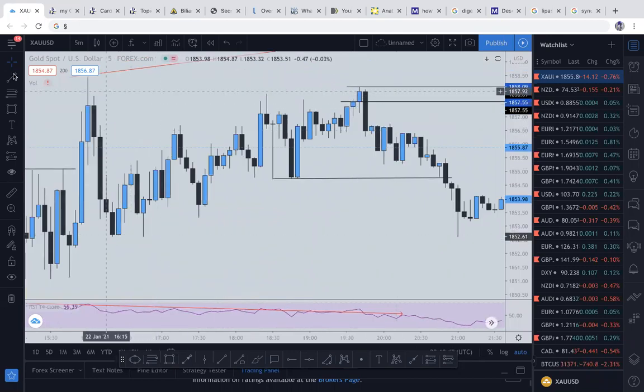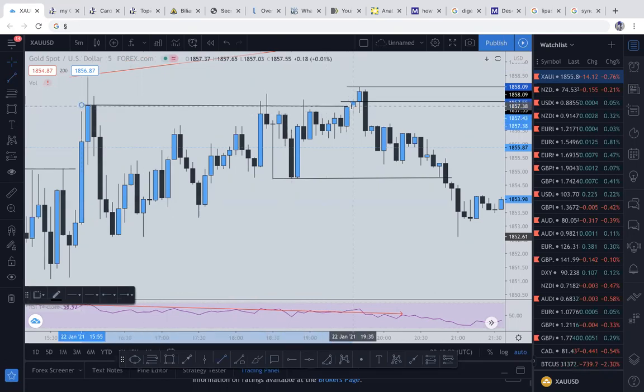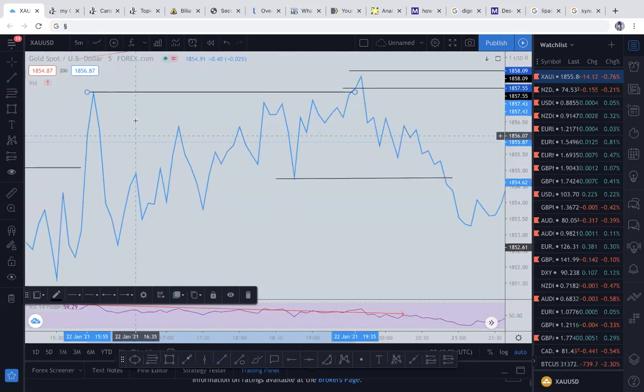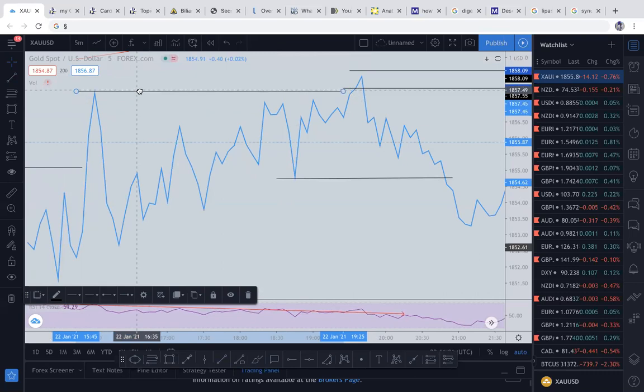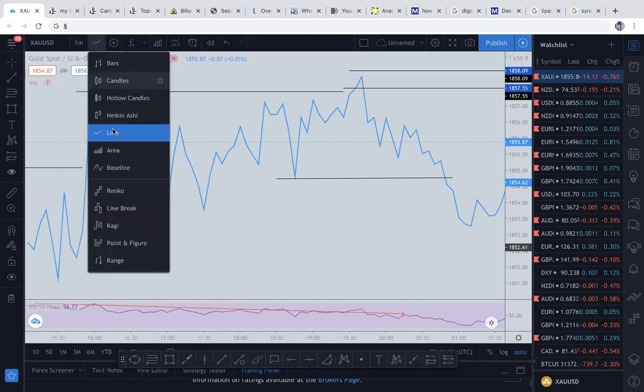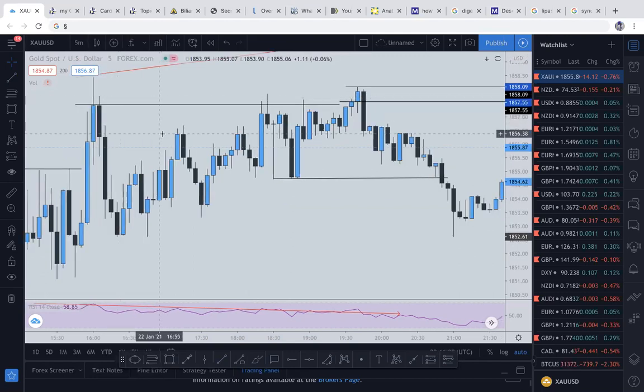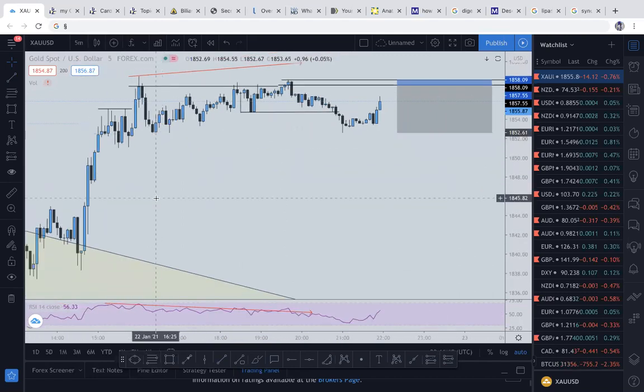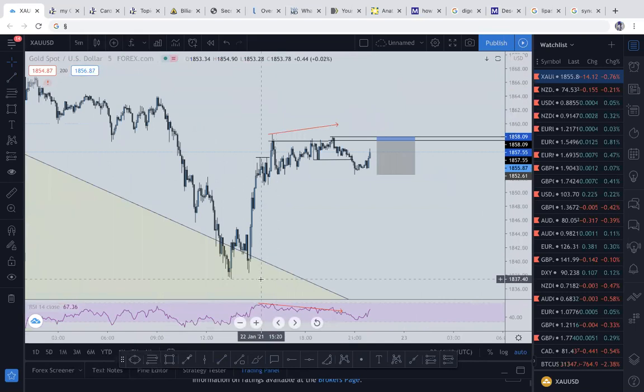And this high actually broke structure over here. So if you can see that, you can see clearly we broke market structure over there. Let's go on the line chart to make it even clearer. We are above, we broke market structure over there. So it means that if I'm taking the trade, I cannot exaggerate my TP and put my TP all the way down here. That would be wicked. No way.